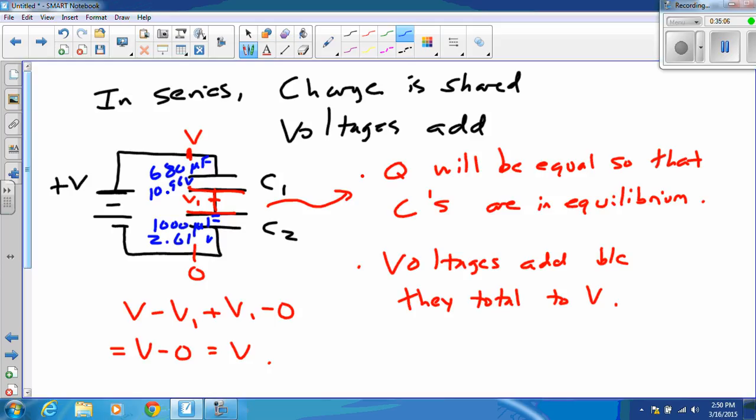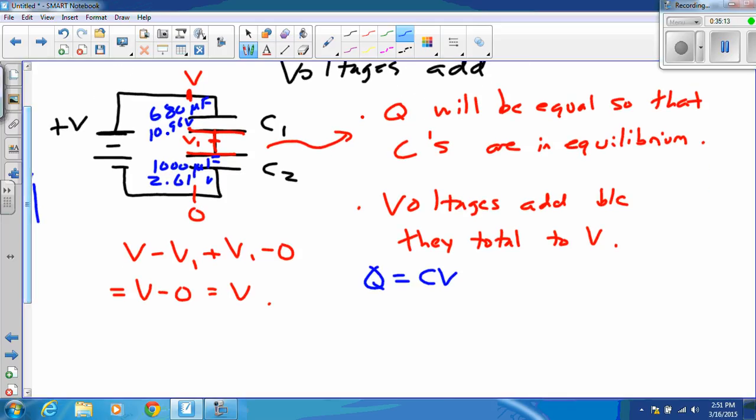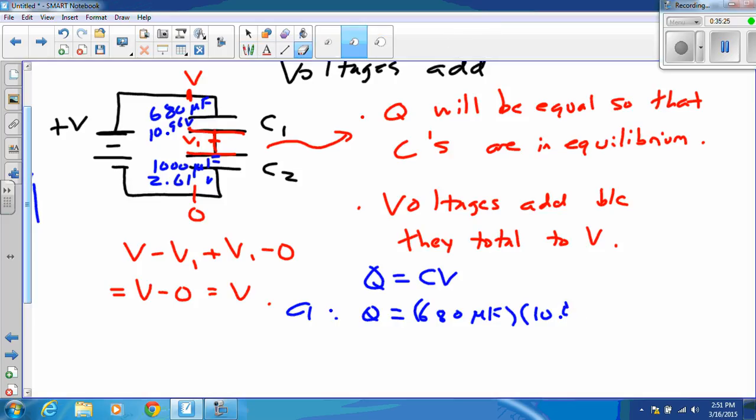Is that right? Okay. And so if I now say Q equals CV for each one of these, then for the C1, I get Q is equal to 680 microfarads times 10.96 volts. Why did you say 6.8 times 10 to the negative 4? I could do that. But I'm just going to express my result in microcoulombs at the end.